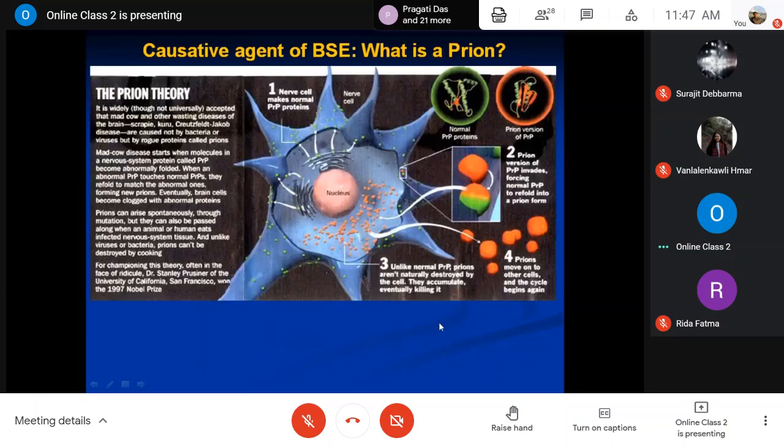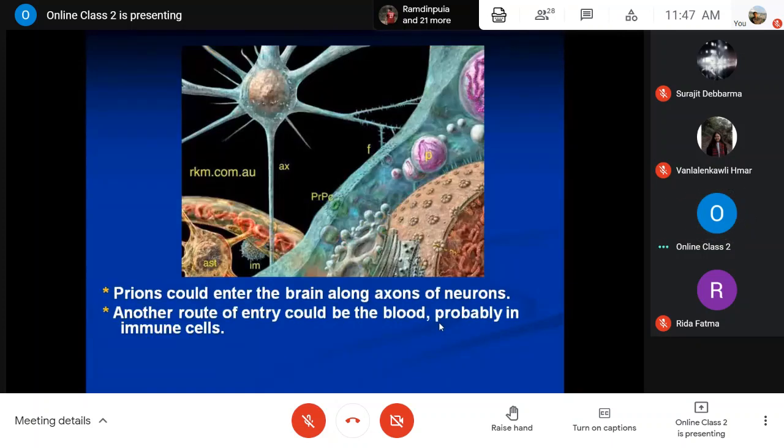So these are some more pictures, please go through them, showing how it goes into the system and affects the neurons. Whenever it gets into the system, it enters the brain along with the axons of the neurons, and another route is through the blood or sometimes through immune cells.